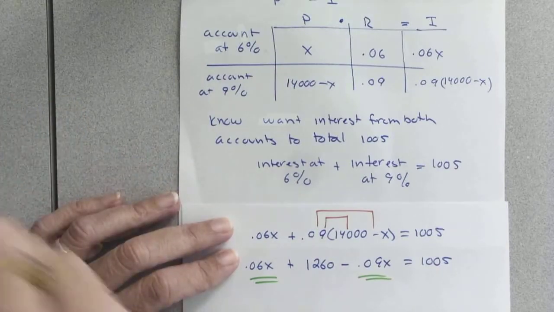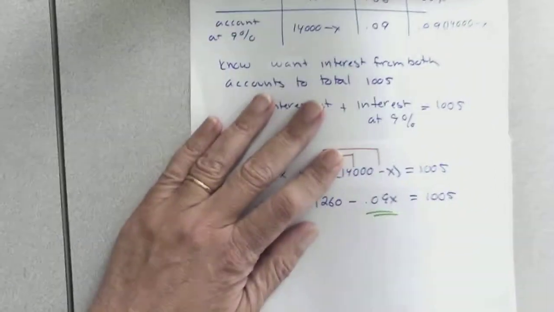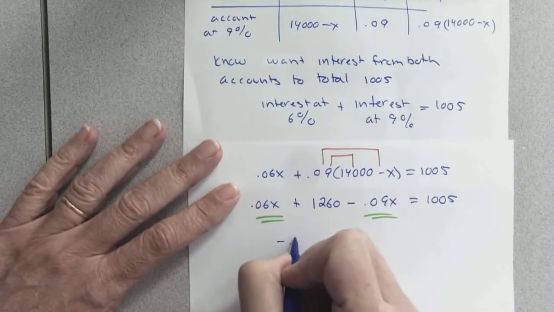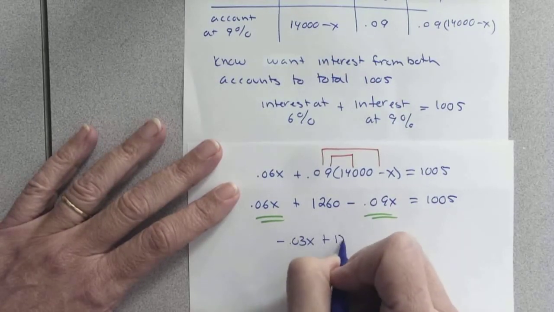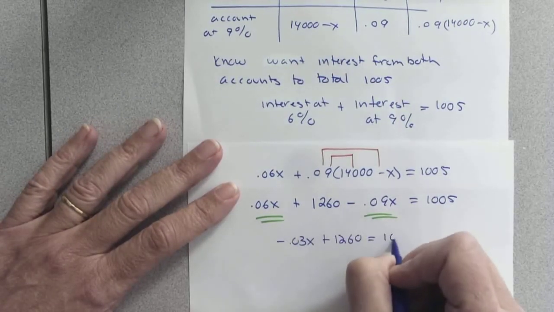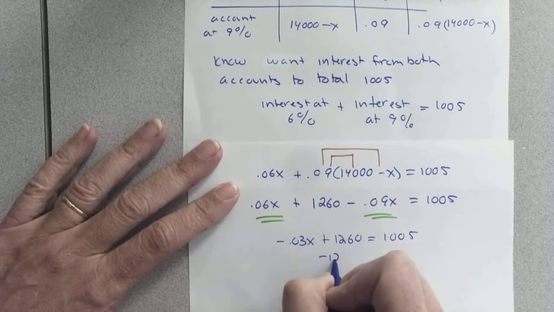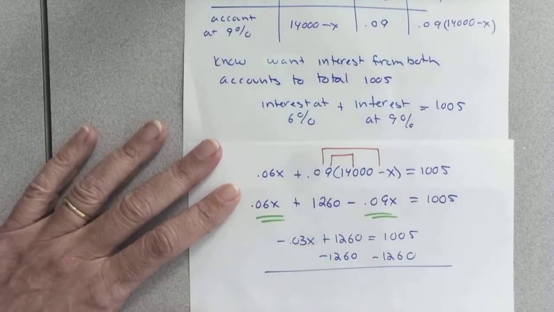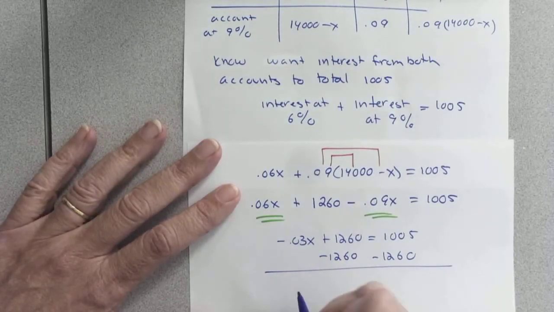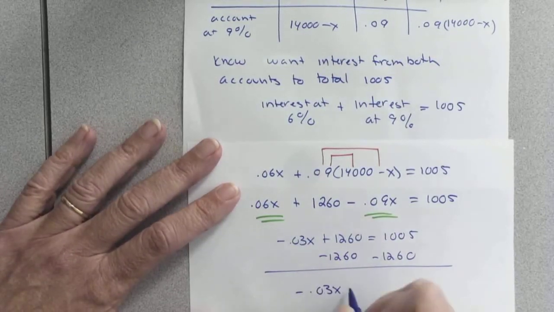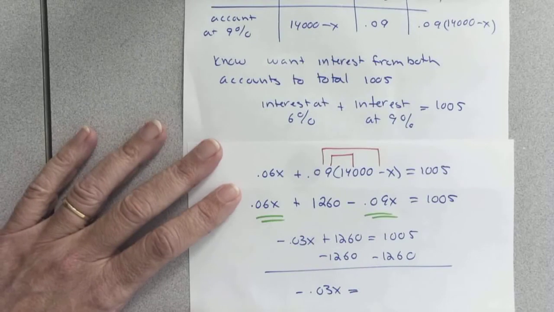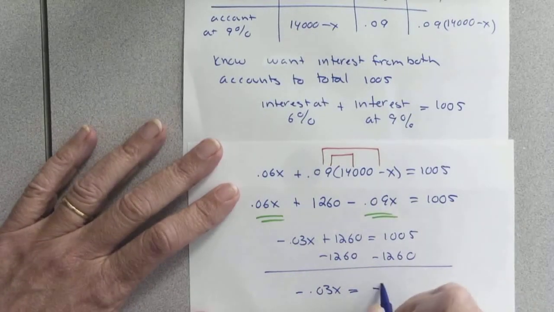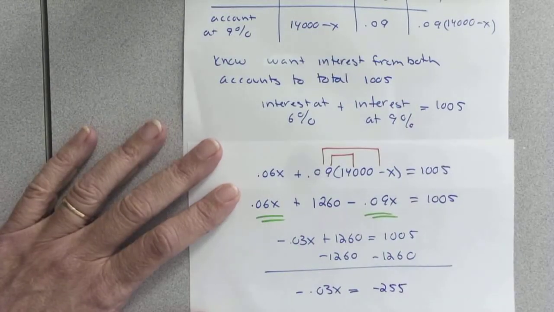Collect like terms. So I have negative 0.03x plus 1,260 equals 1,500. Subtract the 1,260 from both sides. Negative 0.03x equals 240.